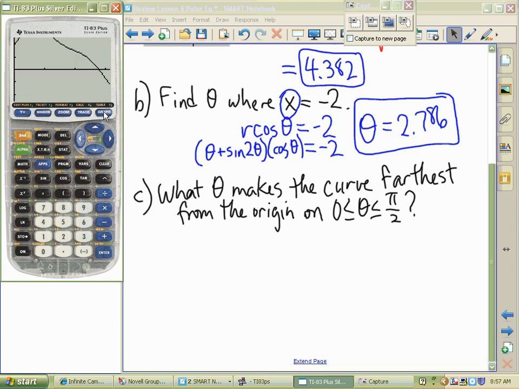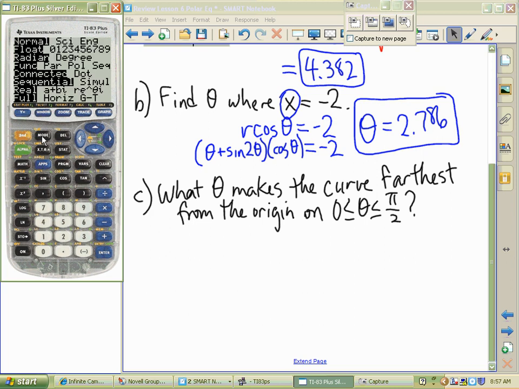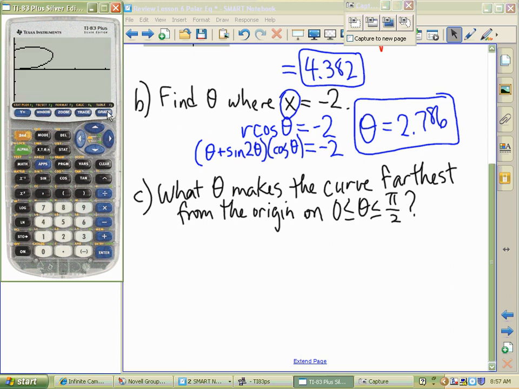Here's our graph. No, no, polar. Now I gotta redo the window. Thanks a lot. There we go. So in the first quadrant here, when theta is 0, we're pretty much at the origin. That's not very far.